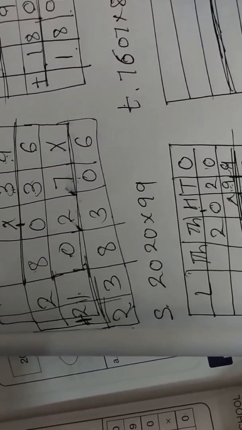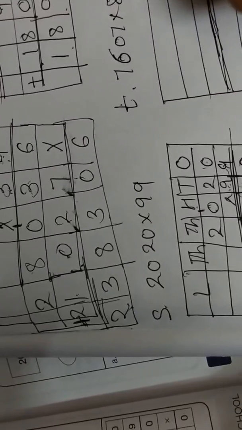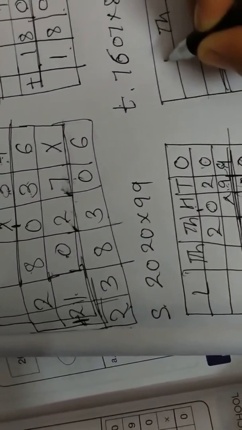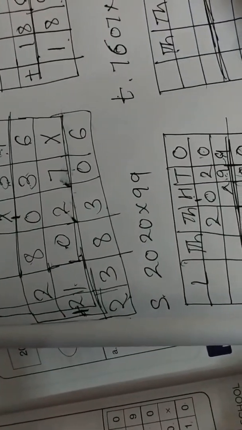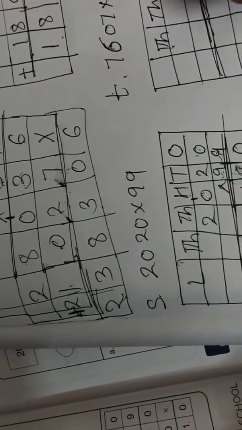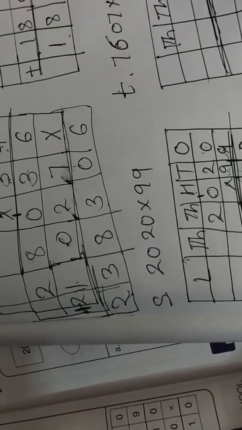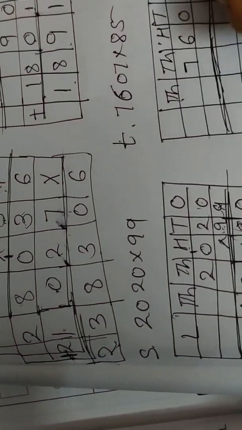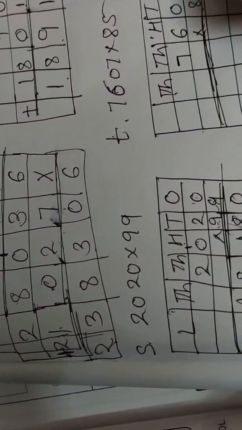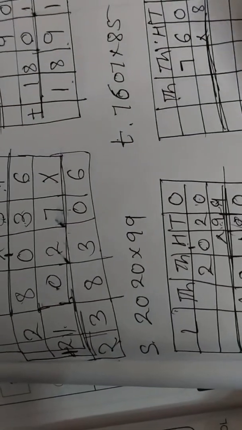In there we have to write here ones, tens, hundreds, thousands, 10,000. So we have to write here 7,607 multiplied by 85.